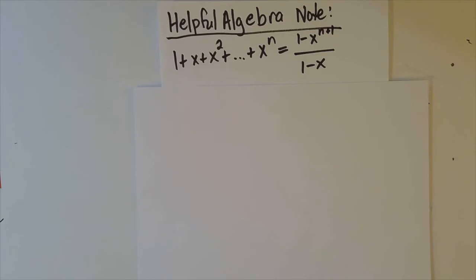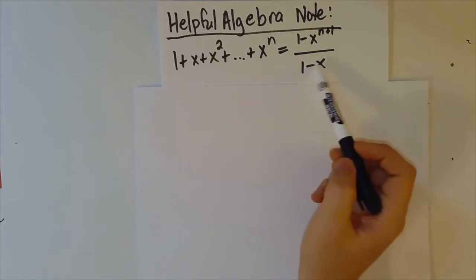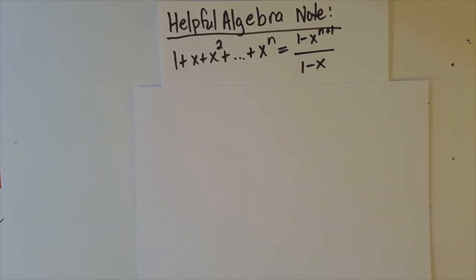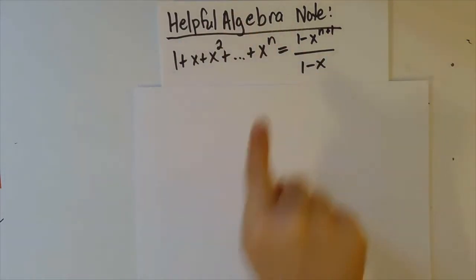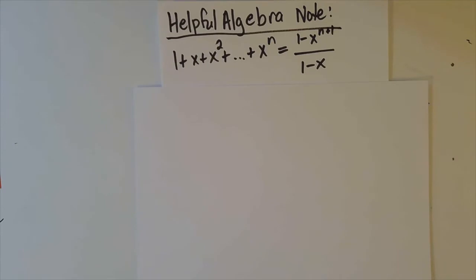There are a few different ways you could go about proving this. If you are skeptical, one is that this is actually the finite geometric series formula. So if you've thought about a finite geometric series within the past, I don't know, however long, you might recognize it. Or you could multiply both sides by 1 minus x. If you multiply this by 1 and then multiply it by x and subtract that, you'll see that almost every term cancels.